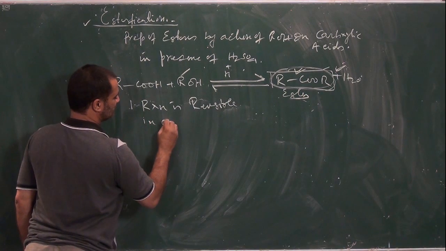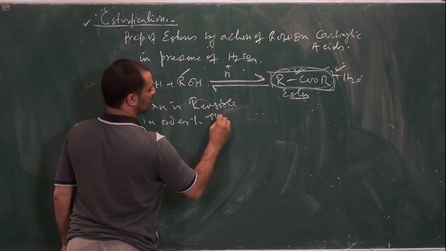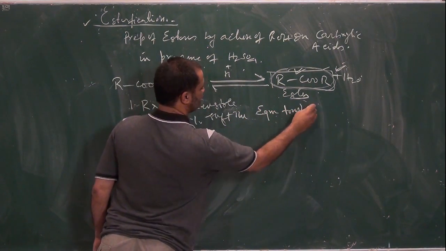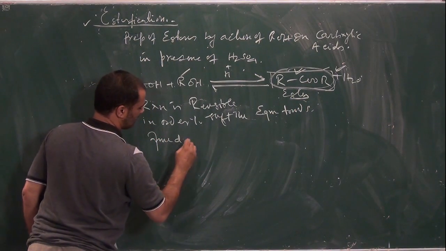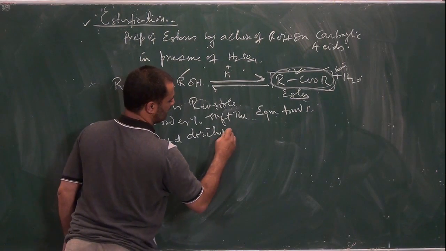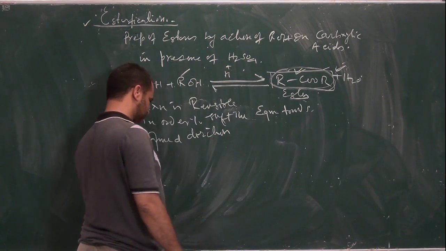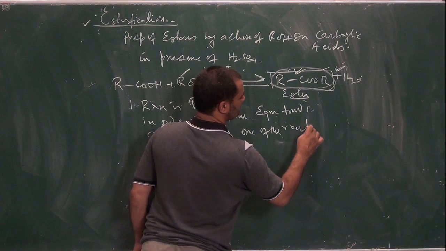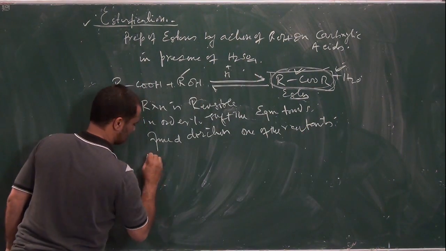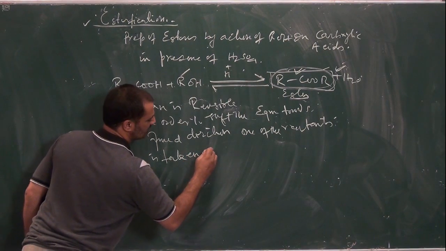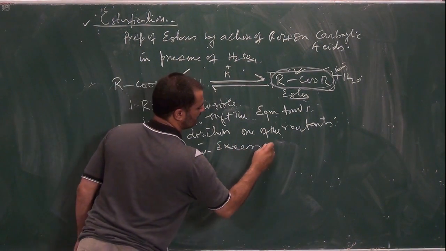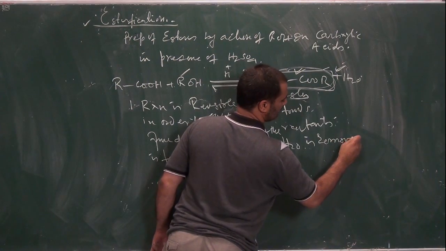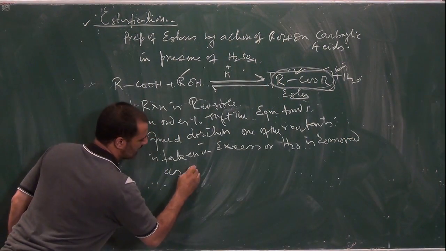In order to shift the equilibrium towards the forward direction, one of the reactants is taken in excess, or water is removed as and when it is formed.